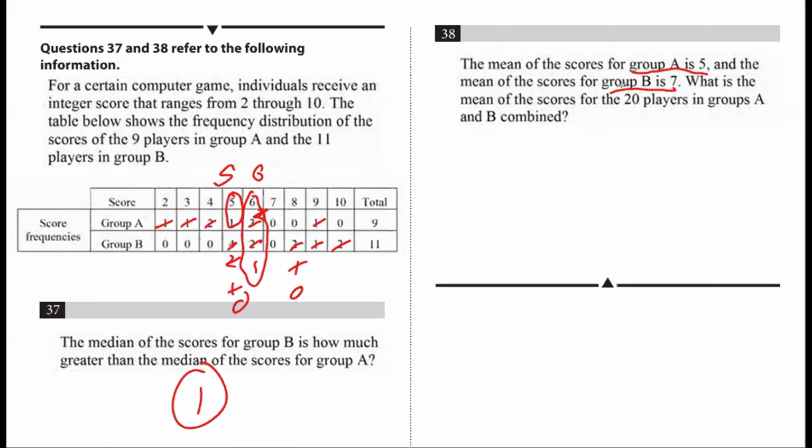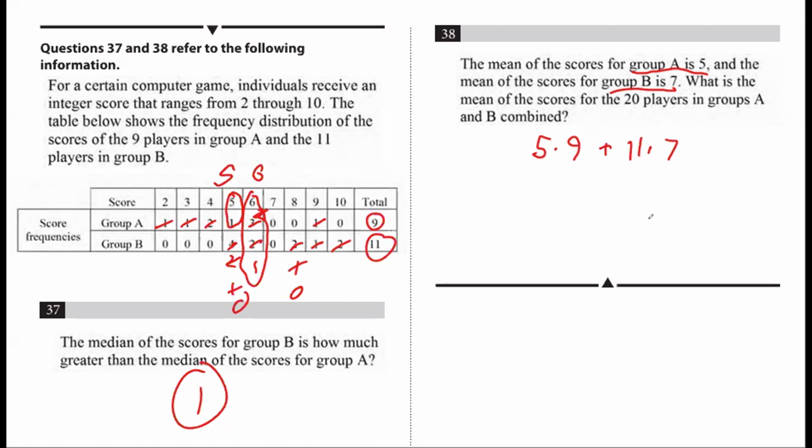What is the mean for the combined score? Well, in this case, A has 9 in total and B has 11 in total. That's pretty important. So we take 5 times 9 plus 11 times 7.